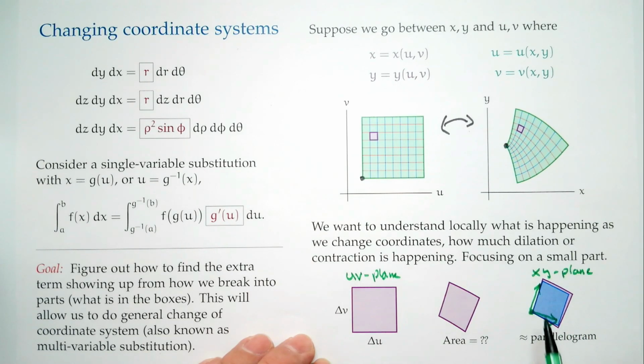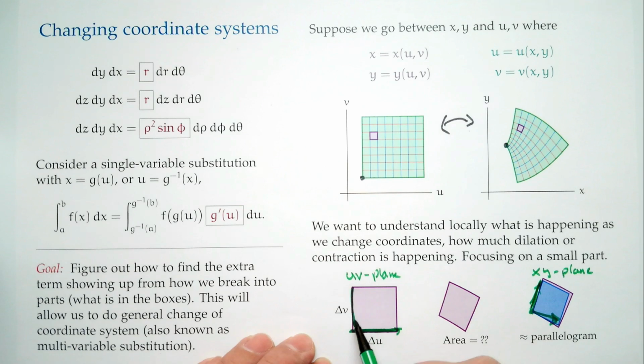This side is going to tell me about my change in U. So the vector here comes from asking, how does X change with U? How does Y change with U? That determines that vector. In a similar idea, this side over here maps over to that side. I need to know, what does the change in V translate into?